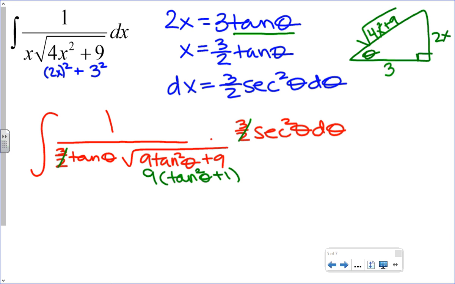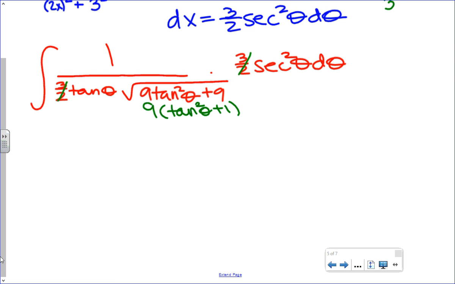What is tangent squared plus 1? Just positive secant squared. So this becomes 9 secant squared. So if we apply the radical, 3 secant.